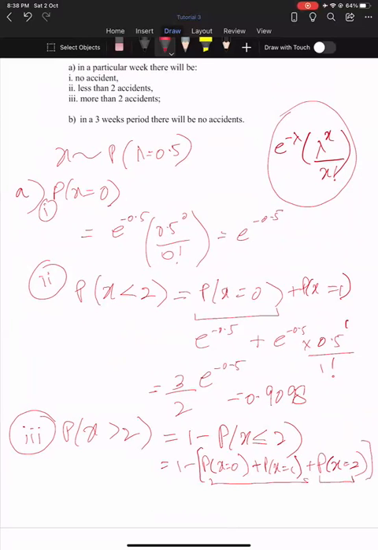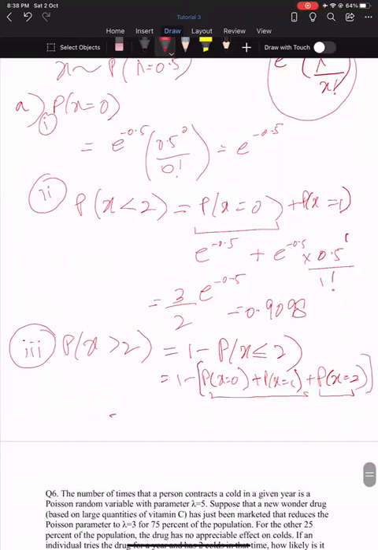So we'll get 1 minus 3 over 2 e to the minus 0.5, which is for x is 0 and x is 1. And then minus, for x is 2, we have e to the minus 0.5 times 0.5 squared over 2 factorial.